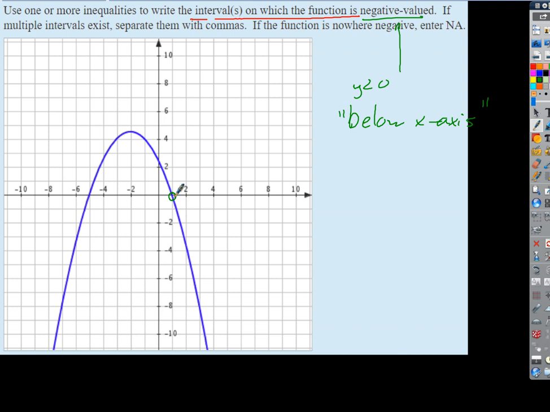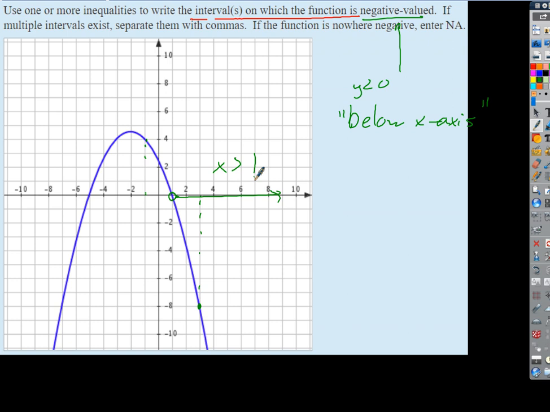If I took x equals 3, for example, the function is below the x-axis, so that works. But if I take a value like -1, that doesn't work, because when x equals -1, the function is above the x-axis, so it's positive. So we want all the places where it's negative. Isn't that just everything to the right of 1? So our math way of saying that would be x is greater than 1, right?